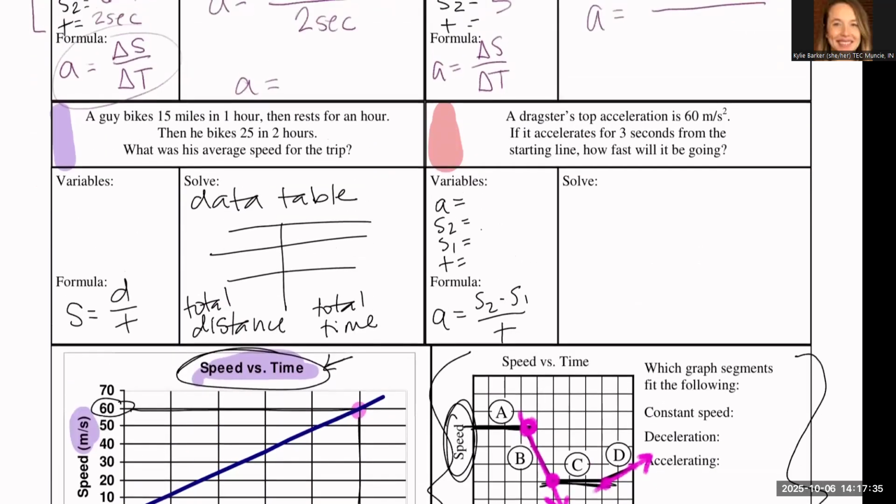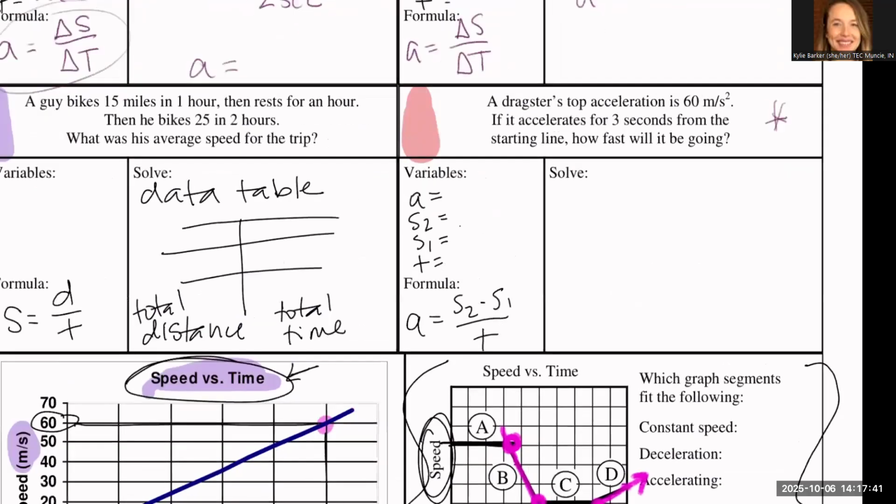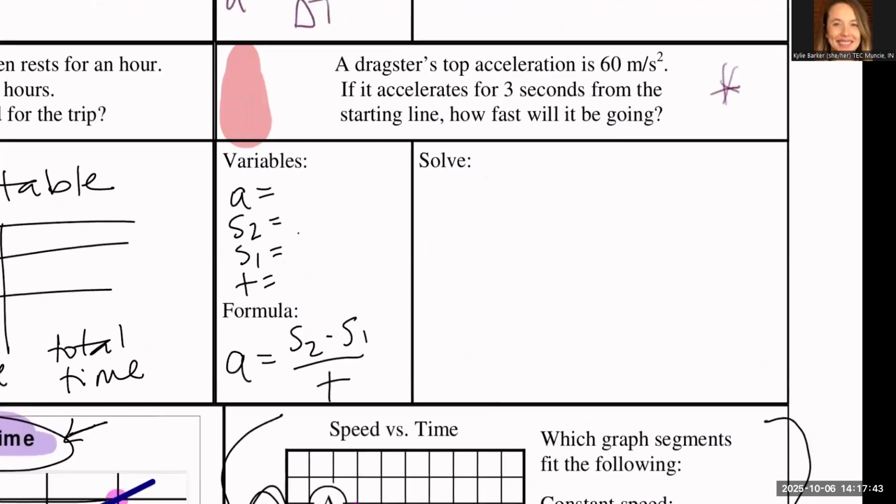And yeah, let's go ahead and do this last acceleration one, and then we'll look at some of the speed stuff. This one's a little tricky because you do have to solve for something other than A. So we have a dragster, one of those race cars. Its top acceleration is 60 meters per second squared.